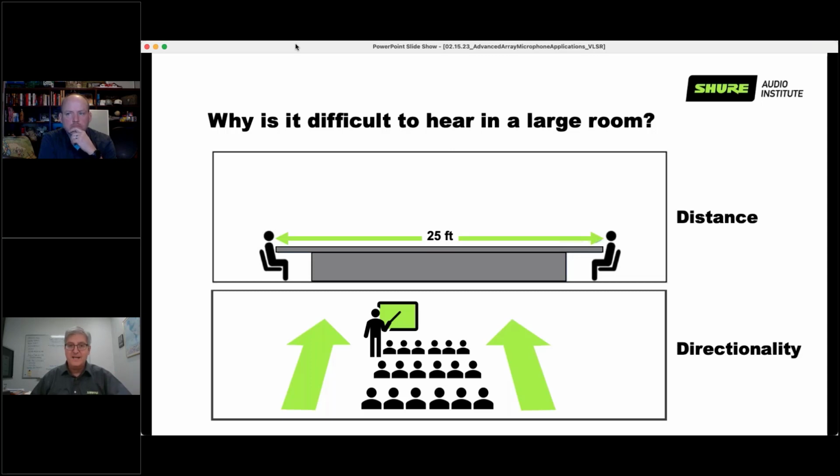When we speak, especially the mid and high frequencies tend to travel forward from the head and not to the sides, not to the rear. So if in a lecture hall or a training room, you happen to be seated to the side of somebody or to the rear behind them, someone's asking a question, it can be pretty difficult to understand what they're saying.